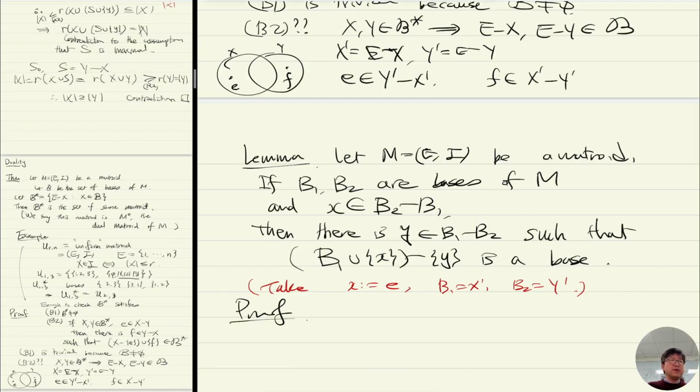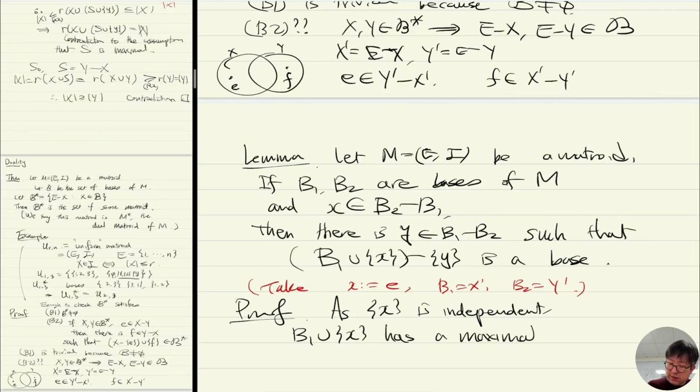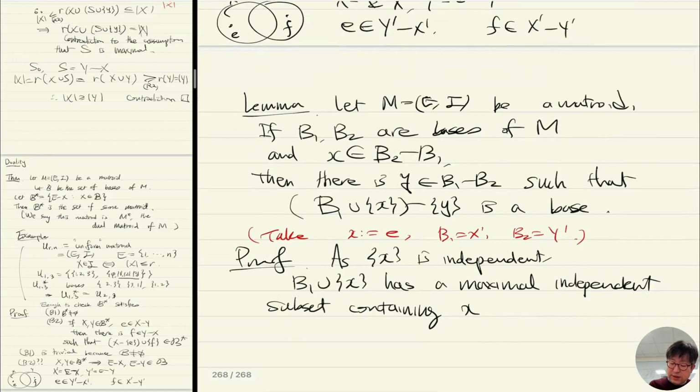So let's see why this is true. It's not difficult. As x is independent, B1 union x has a maximal independent subset containing x, right?